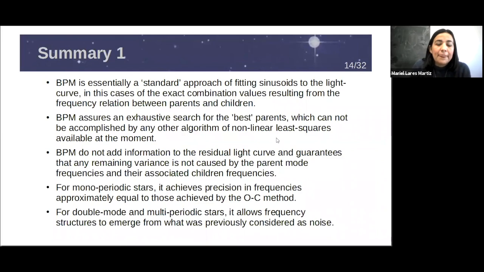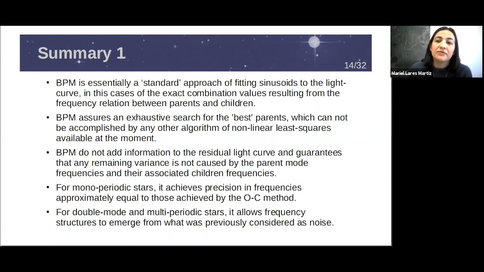So to summarize this first part of the work, we can say that the best parent method is essentially a standard approach of fitting sinusoids to the light curve, but it assures that it is the best solution because of the exhaustive search of the best parent, and that it does not add information because we fit simultaneously all the frequencies and the exact combination values.